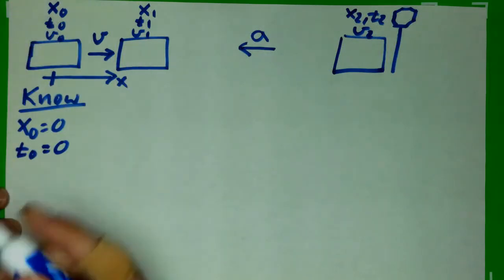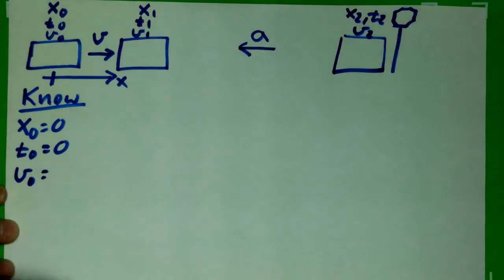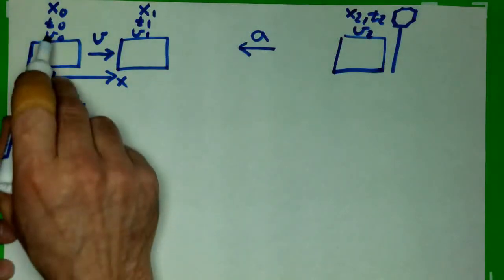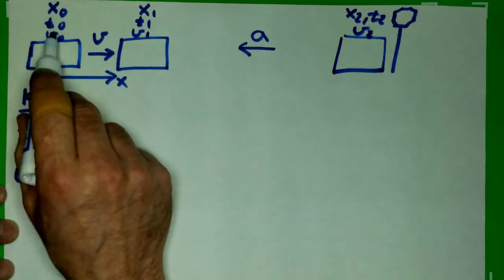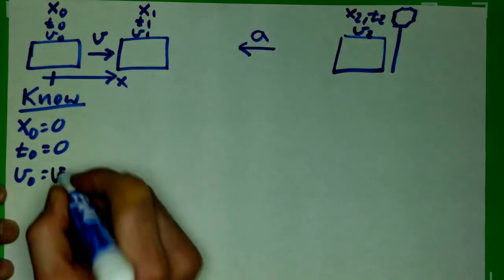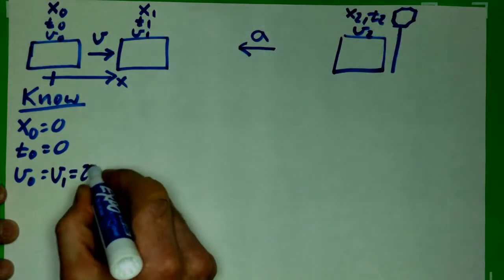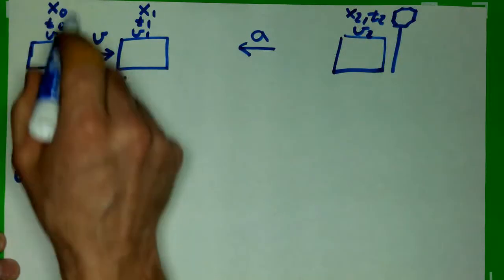Now v0, let's say that this car is traveling at 20 meters per second. Now I'm going to be efficient here. I know, since it's constant velocity, that between v0 and v1 it's moving the same. So I'm going to go and write v1 and then 20 meters per second. Okay. Alright, so I've done everything for this position.